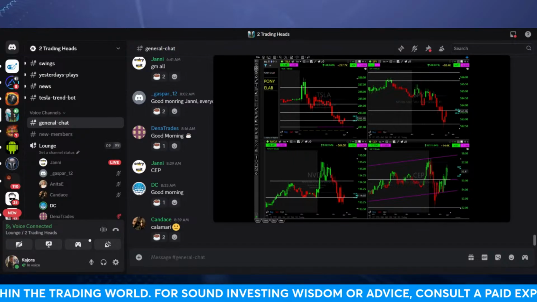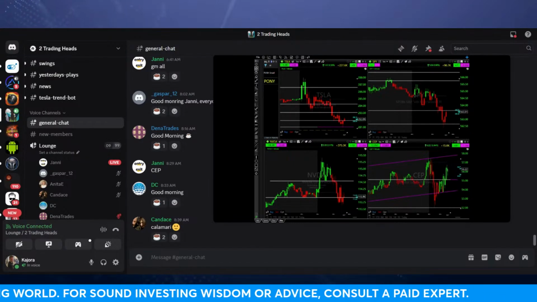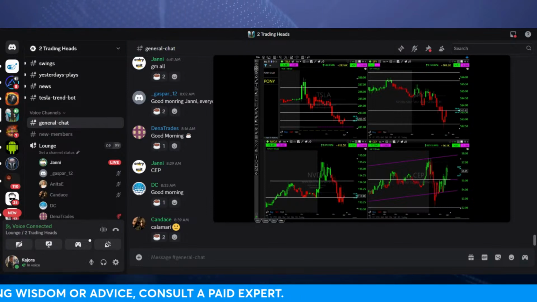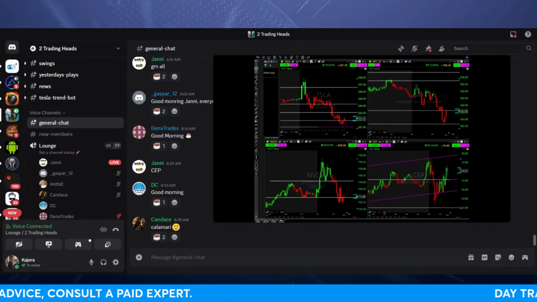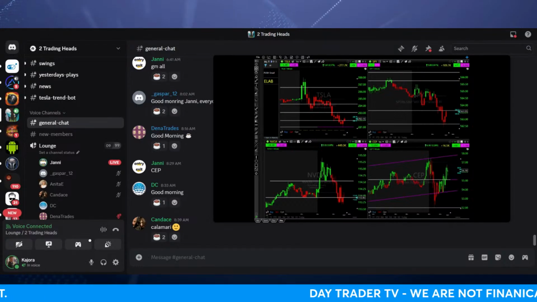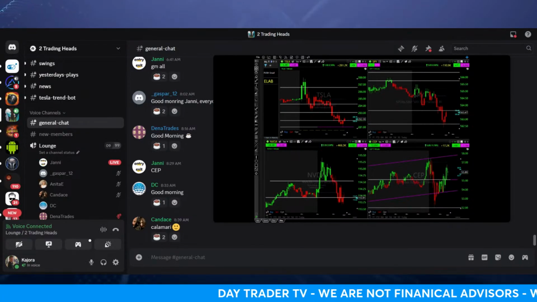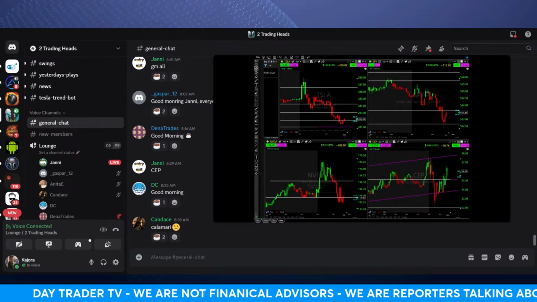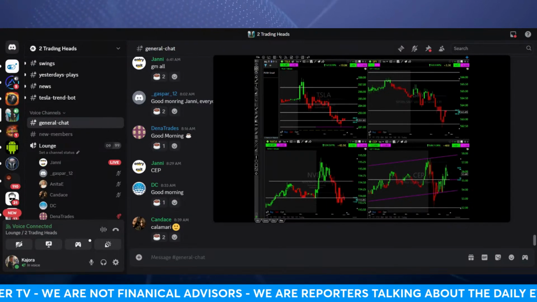So Apple got 2 downgrades this morning. Nice. What is Amazon long doing? Meta long. Amazon, nice pull on Amazon. Beautiful short.